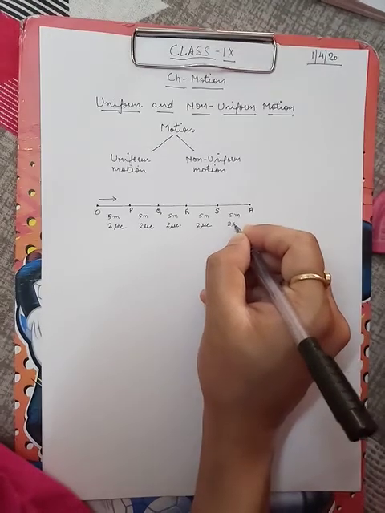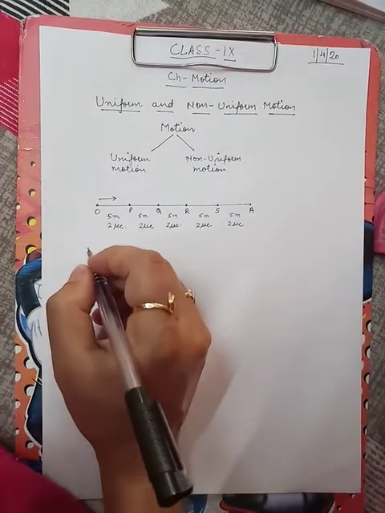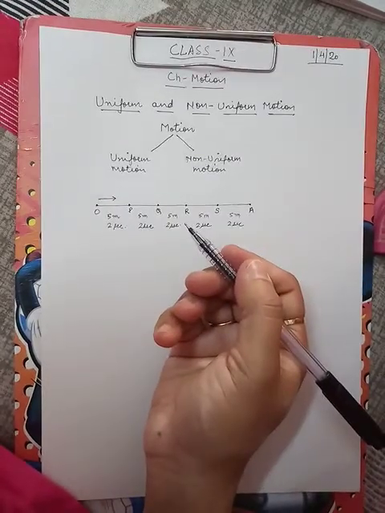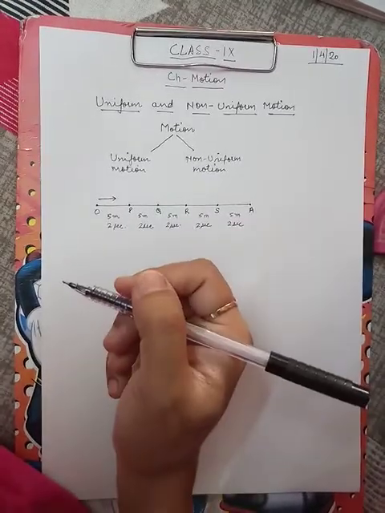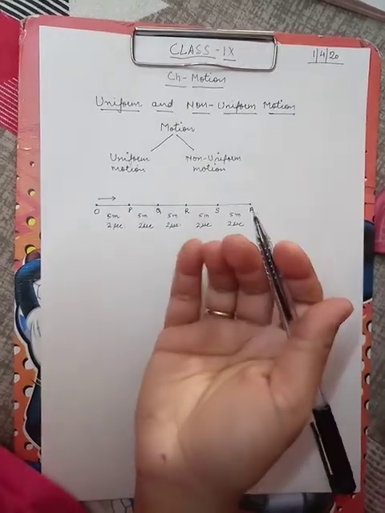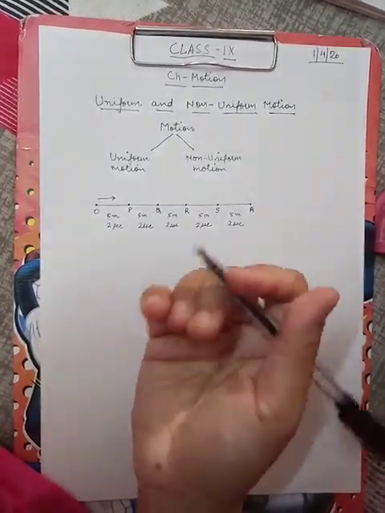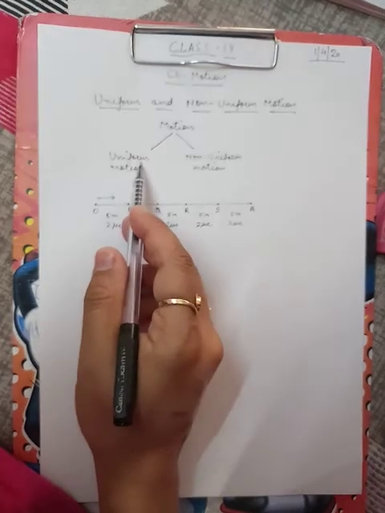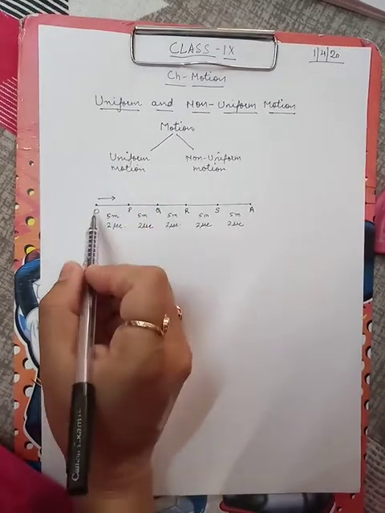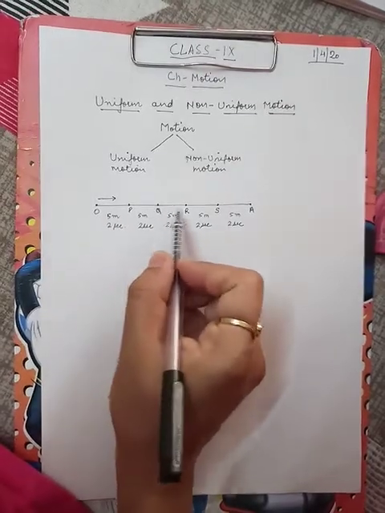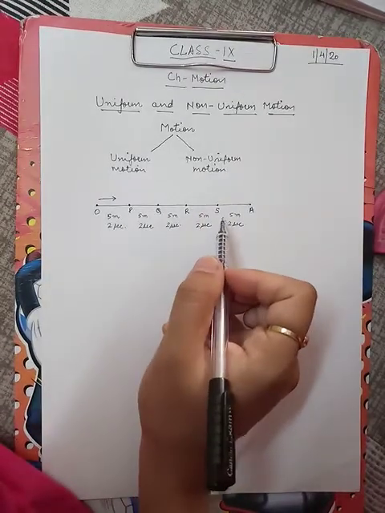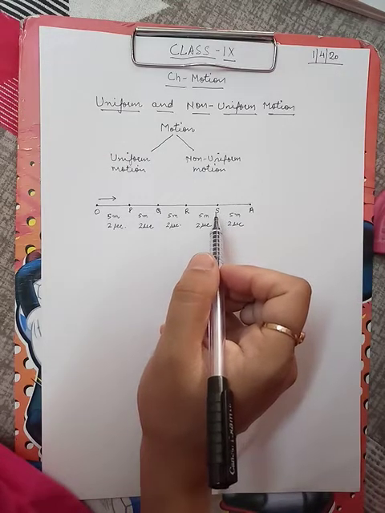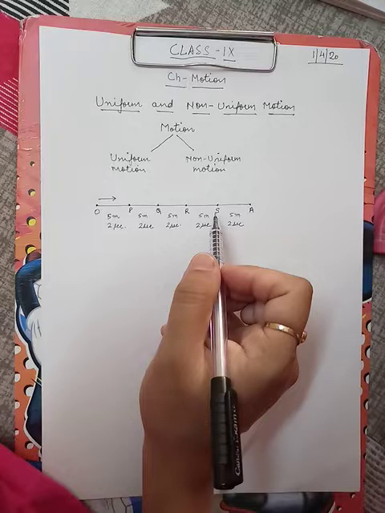Suppose this is the case, then what happens? We can find out the speed over here, and we can say what kind of motion this will be. It will be a uniform motion, because it is covering equal distances in equal intervals of time. This kind of motion of an object will be called uniform motion.